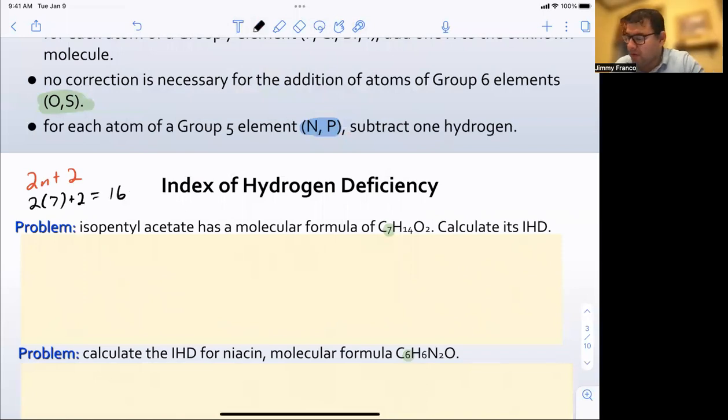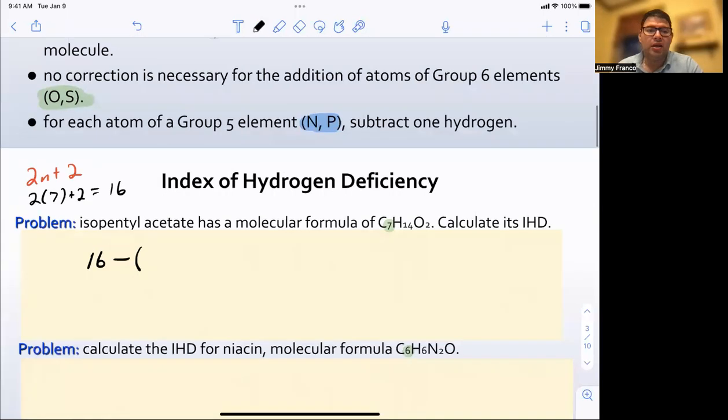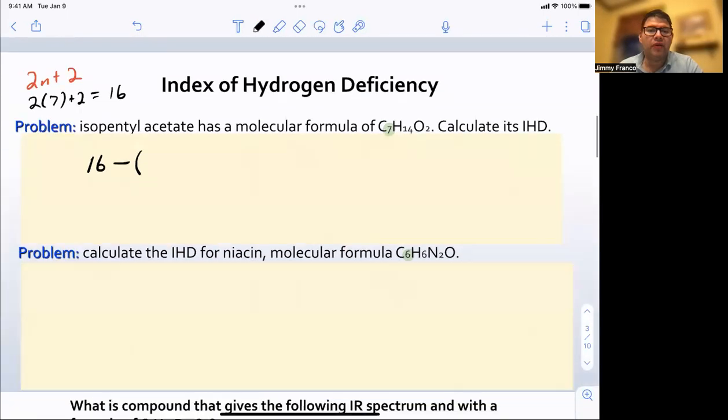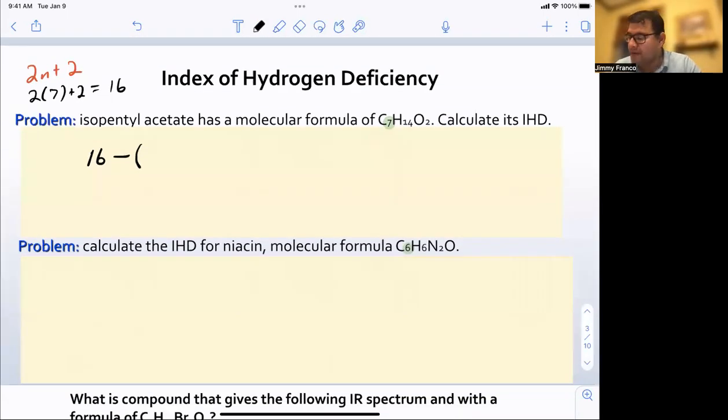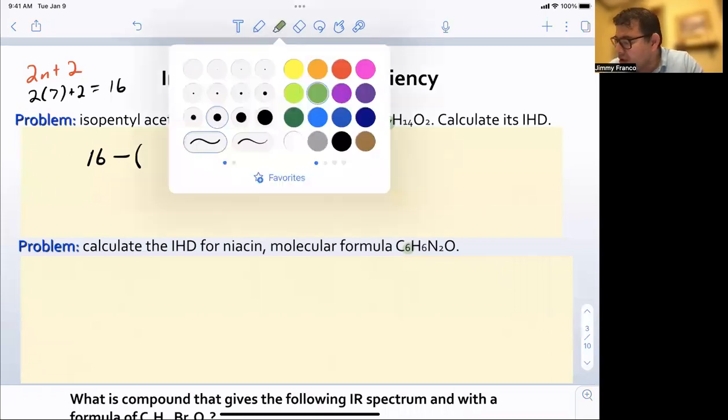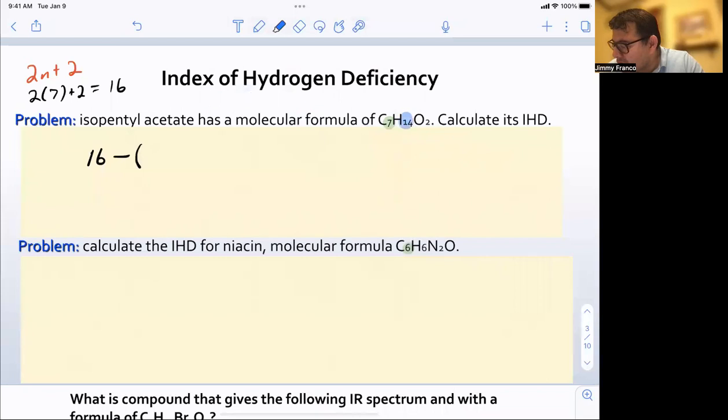All right, so if we're setting up our formula, our H ref is going to be 16 minus, and now we want to put a parentheses just in case we have a couple different of those formulas, right? Where we have to add halogens in or account for them, or if we have to account for the nitrogens and phosphorus. All right, so now our next number is we want to take that right from our molecule, so that 14.